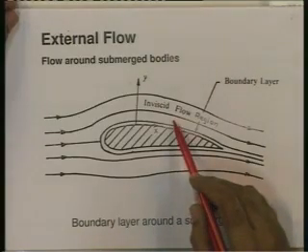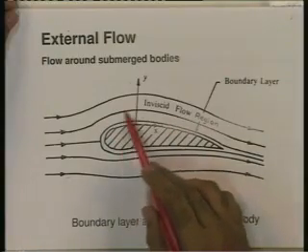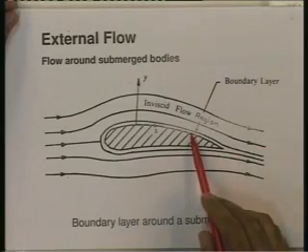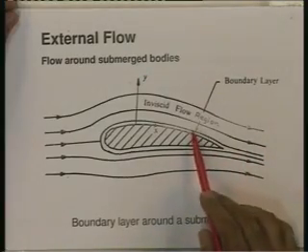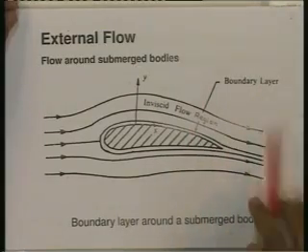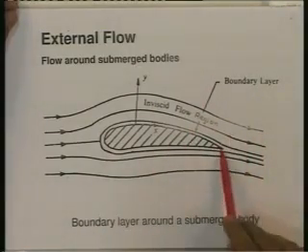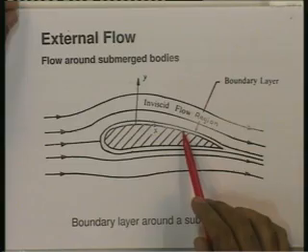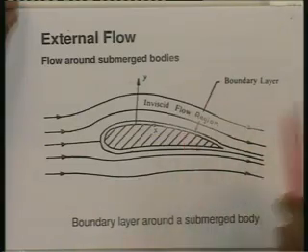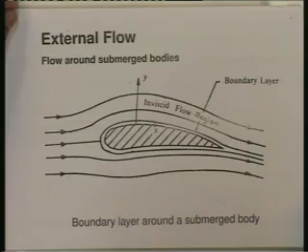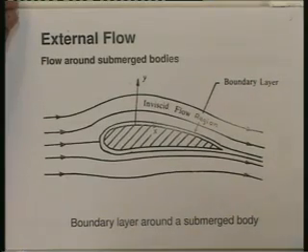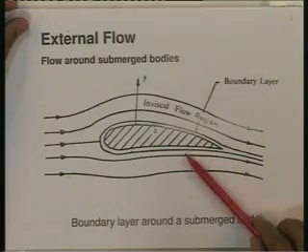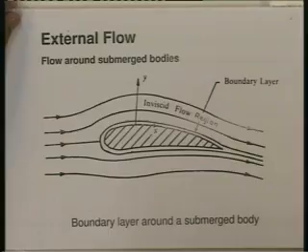Beyond the boundary layer, you have a zone of essentially inviscid flow, in which the viscous effects caused by the boundary layer are negligible, and this flow region gets affected only by the shape of this body. It doesn't get affected by the shear forces which occur on the surface of the body. It is the boundary layer concept which allows us to analyze and visualize the flow situation around submerged bodies.